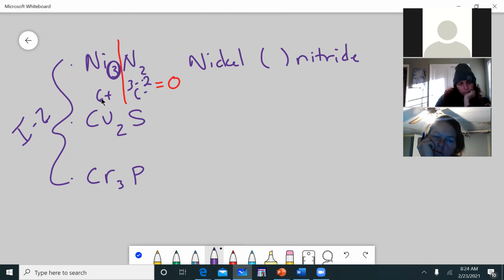So I need to take my 6+ and I need to divide it by 3. Because each nickel will supply a 2+ charge, right? Nickel 1 will have a 2+, the second nickel will have a 2+, the third nickel will have a 2+. When we sum all of those together, that's where the 6+ is coming from. So nickel(II) nitride would be the correct one for that.